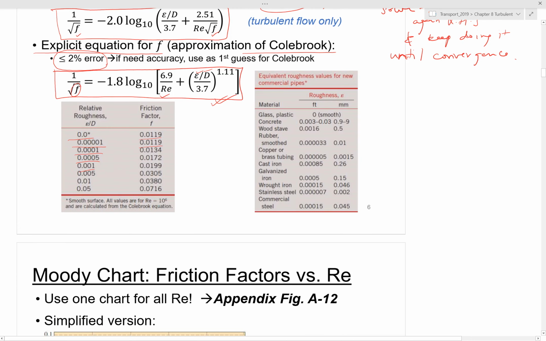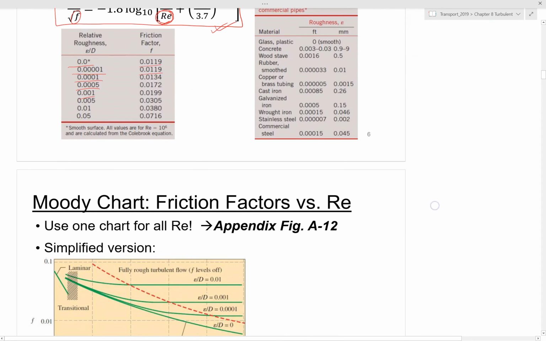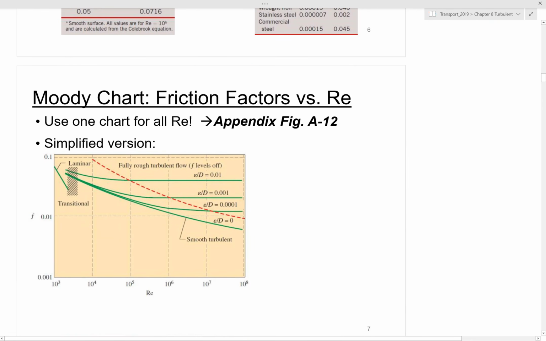But here the problem is you still have to know the flow, the Reynolds number, right? And if you are on site, you sometimes might be struggling to determine the Reynolds number, because who is going to find out what flow parameters are inside of the pipe? So what people did was they came up with something known as a Moody chart, which is still very, very effective.